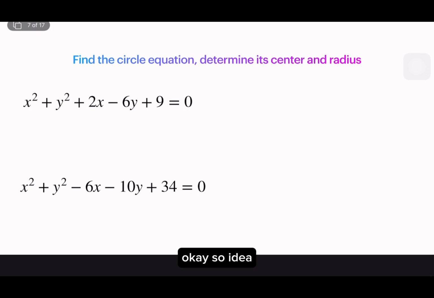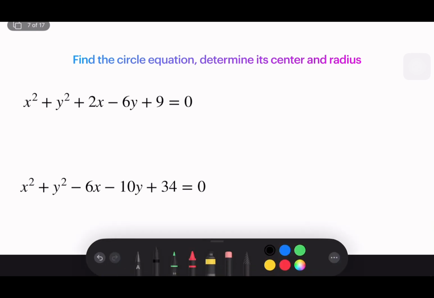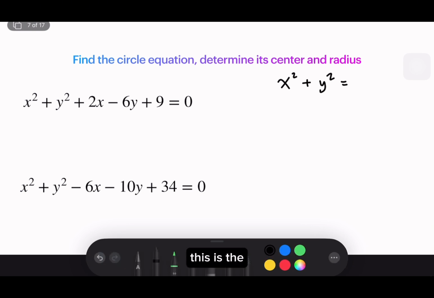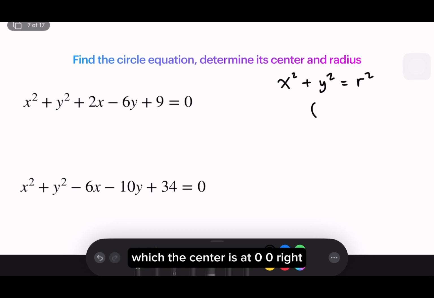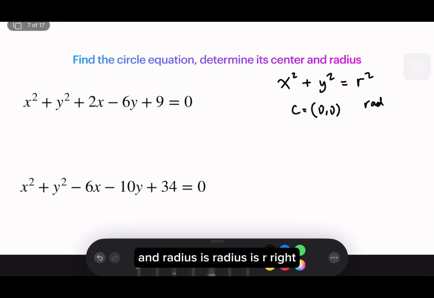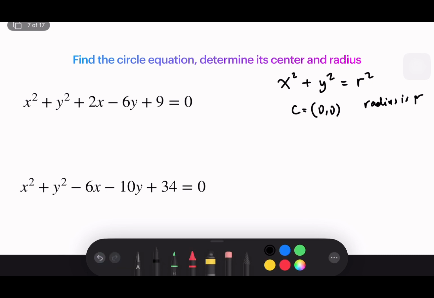Okay, so idea. Again, let me make this clear for you. The way we have a circle is this equation, right? This is the normal circle, where the center is at 0, 0 and the radius is r, right? If you want to shift the circle, we can shift by taking h and k.